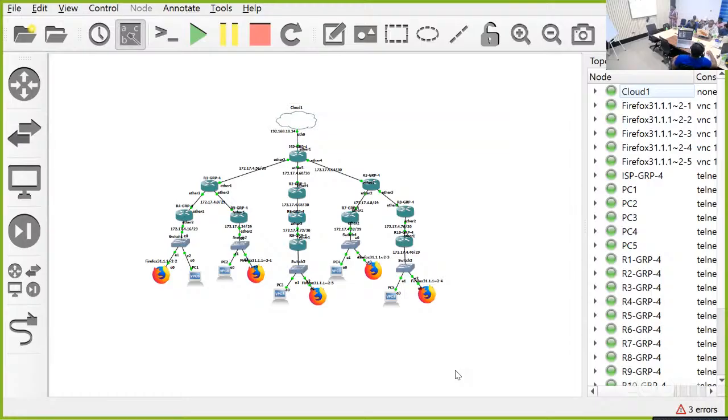After which we went further to create our topology, and from our topology, our ISP is directly connected to the internet, to the cloud, and has other routers connected to it.